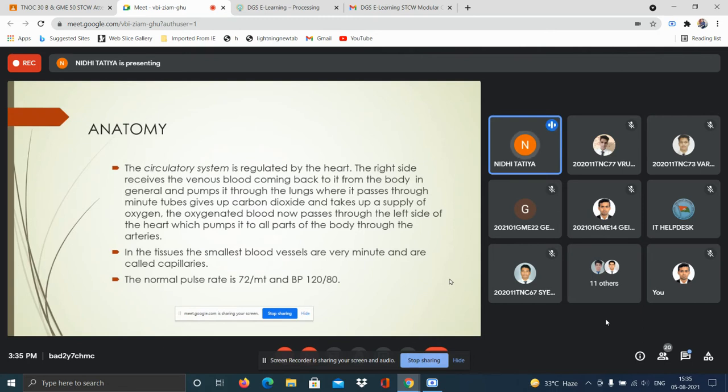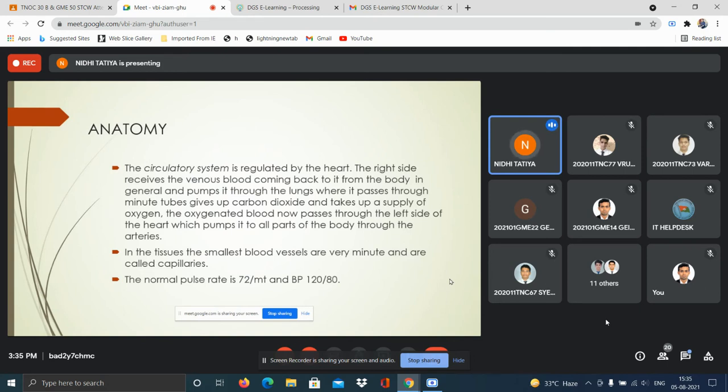So over here, if you will see, it is deoxygenated blood, which ideally a vein should carry. But since pulmonary is an exception, from the pulmonary artery, blood reaches the lung for purification. Now, in the lungs, at the alveolar level, purification happens and the deoxygenated blood becomes oxygenated.